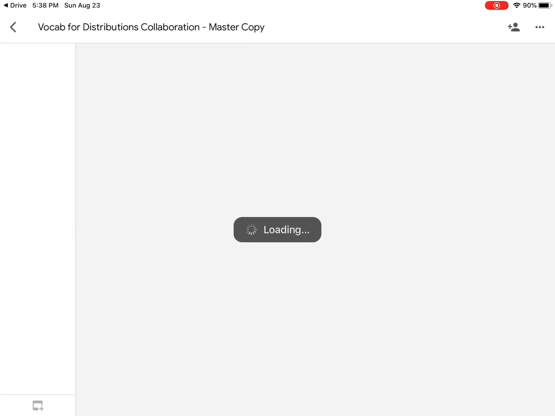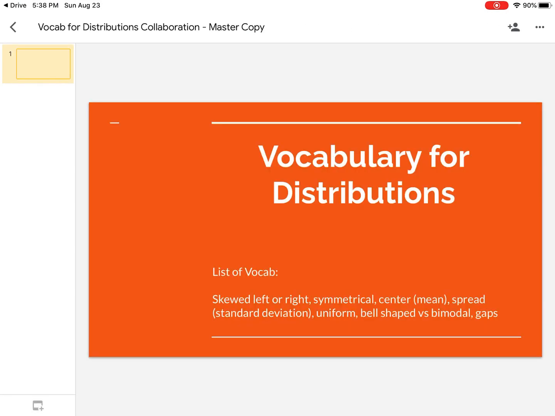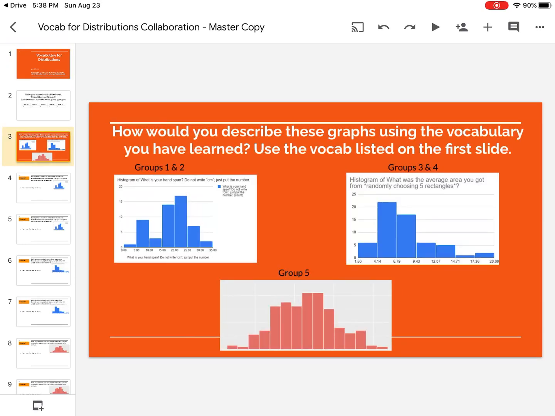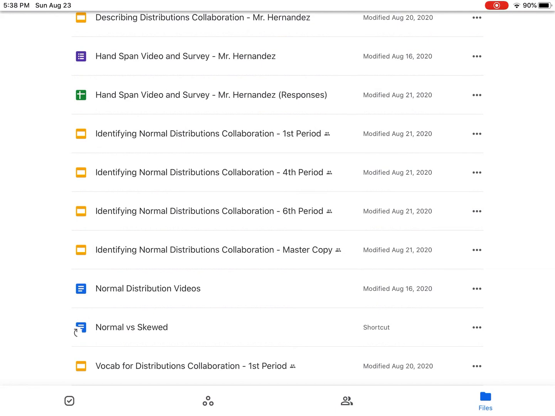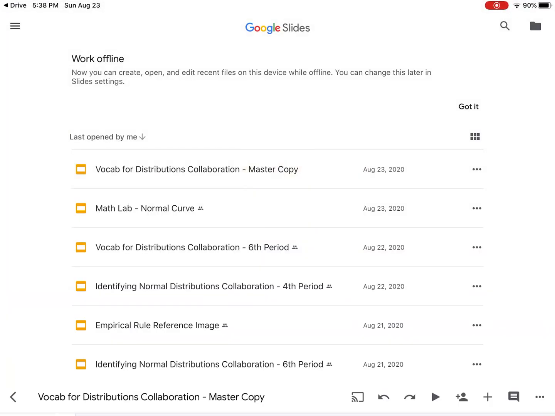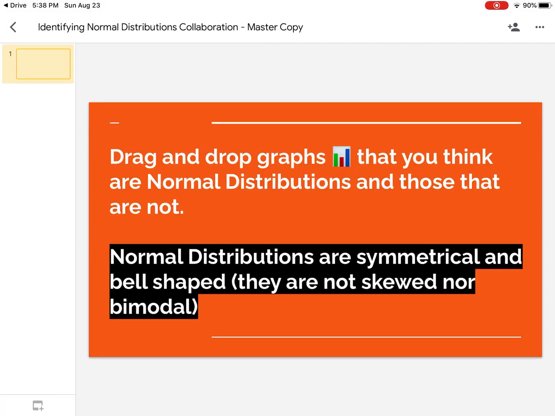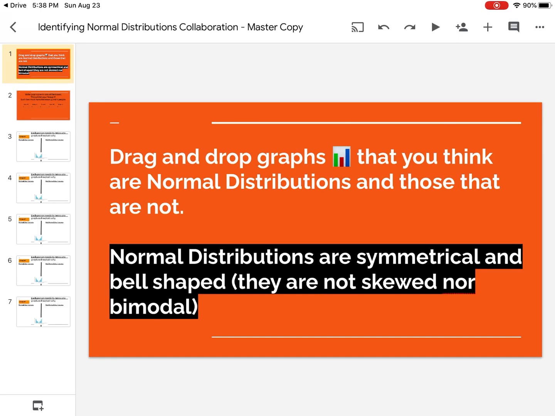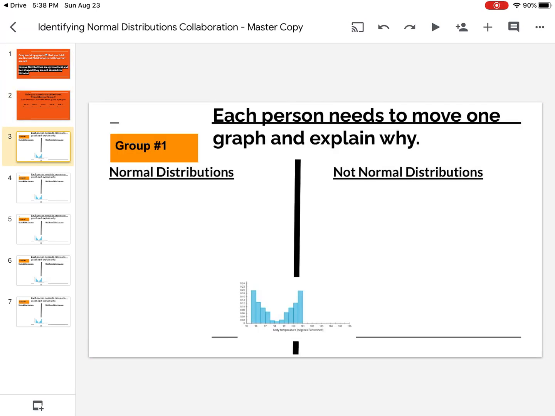I want you to check to see how your answers matched up with what the answers were. Again, here's the definition: it's symmetrical and bell-shaped, not skewed or bimodal.